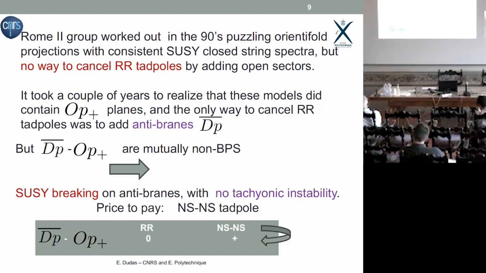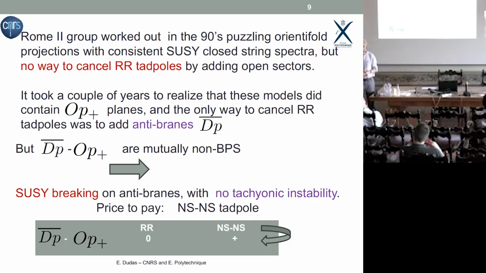And then when we started to discuss, it was already the time in which people were talking about non-BPS objects. We realized that these models contain, instead of standard orientifolds, some that were completely exotic. So they had positive tension, positive charge. If you have these orientifolds which have positive tension and positive charge, and you want to cancel the charge, you can only do it by adding anti-branes which have opposite charge.